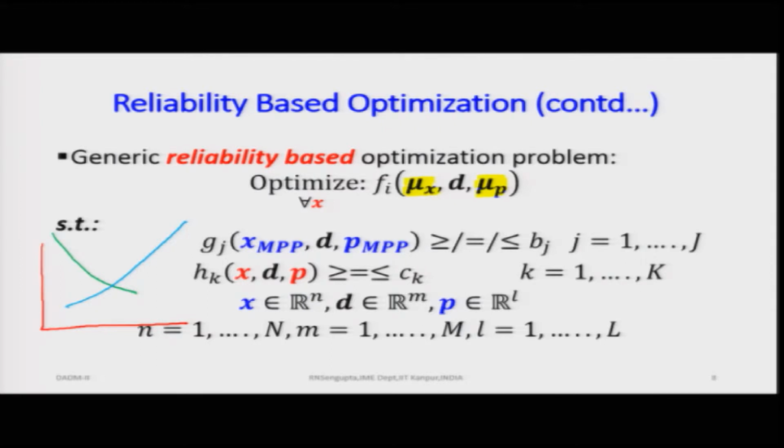So, you have the constraints depending on the probabilistic constraints and the deterministic constraints, and obviously you know x is along the real line n dimension, d is along the again real values in the m dimension, and p is in the l dimension depending on the values of m, n and l.